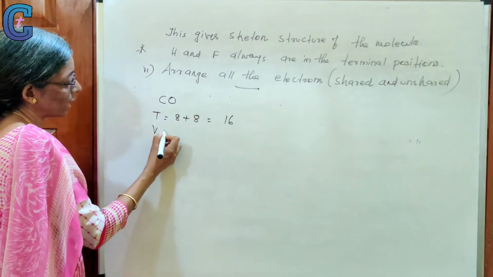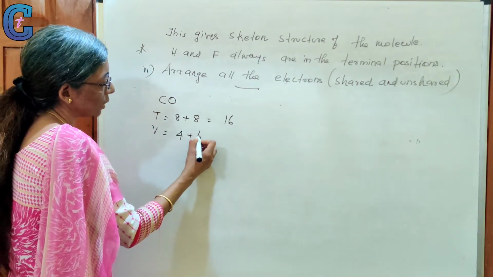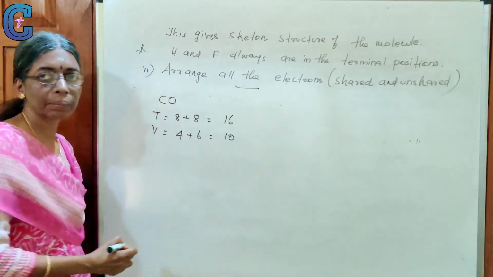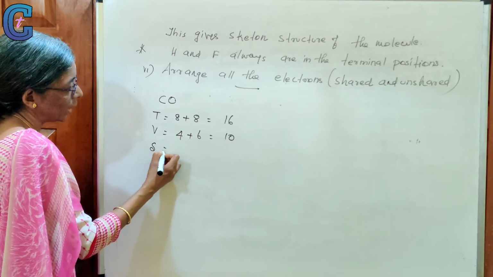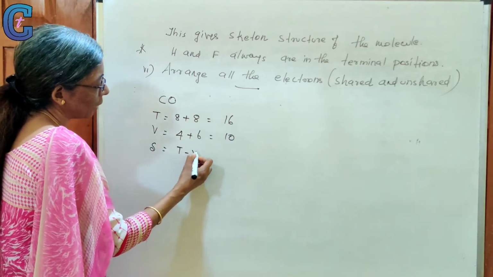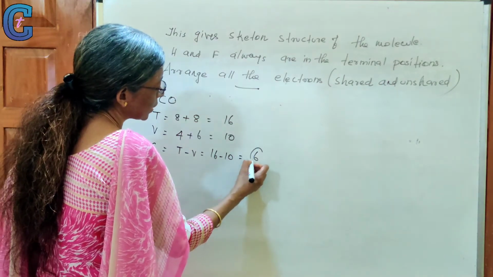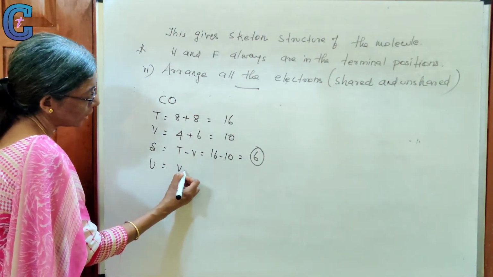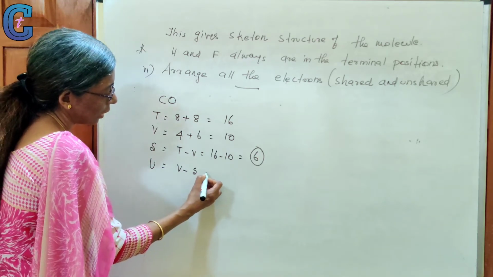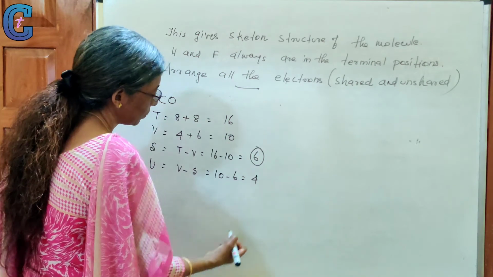Valence electrons: carbon 4, oxygen 6, is equal to 10. Shared electrons, T minus V: 16 minus 10 is equal to 6. Unshared electrons, V minus S: 10 minus 6 is equal to 4.